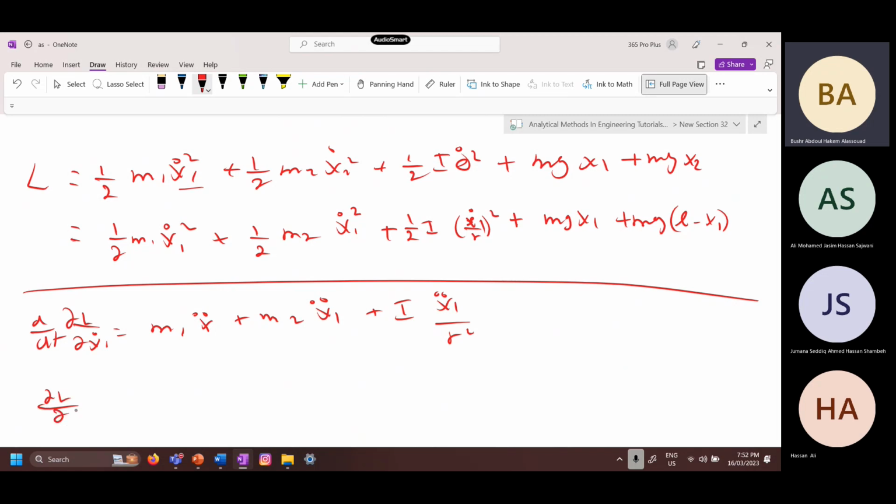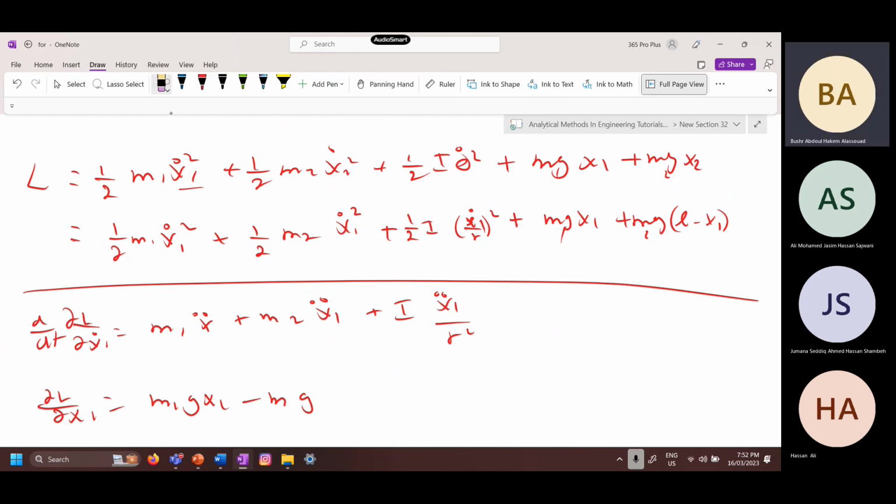And partial L over partial x1 is going to be m1 g, and here is m2 g. Negative, sorry, there's a mistake here.